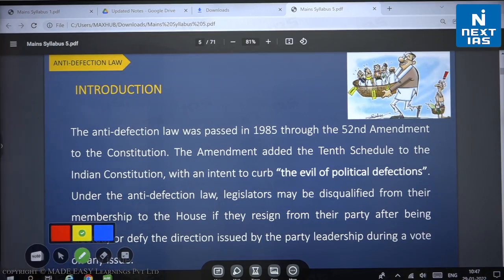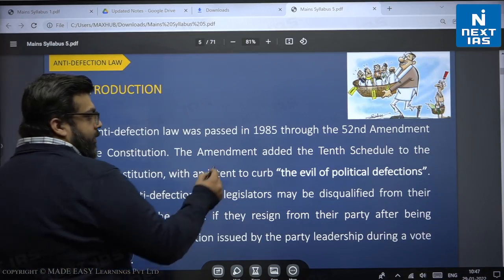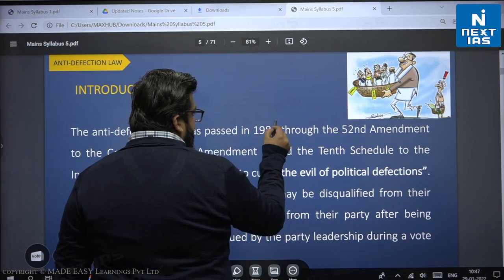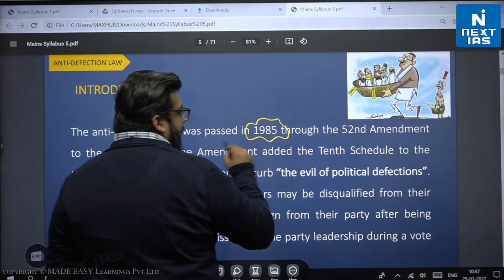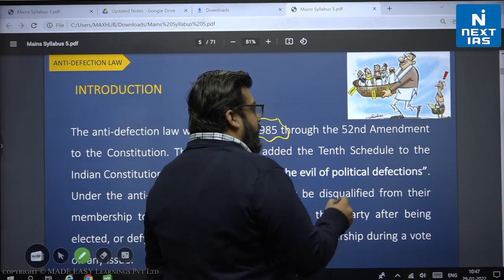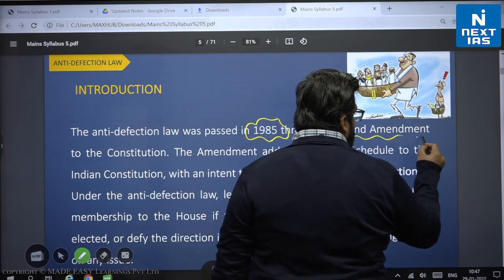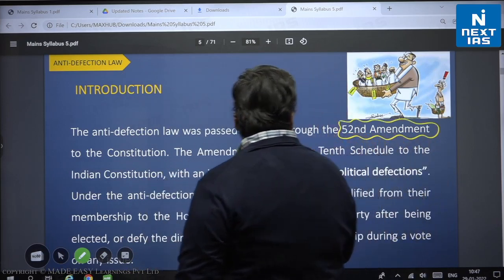So the anti-defection law was actually passed in 1985 after multiple attempts through the 52nd constitutional amendment.